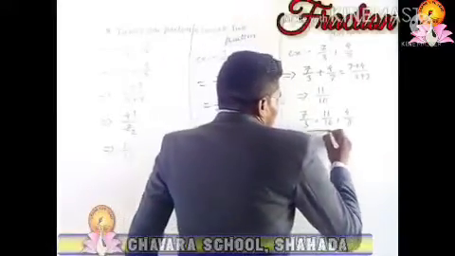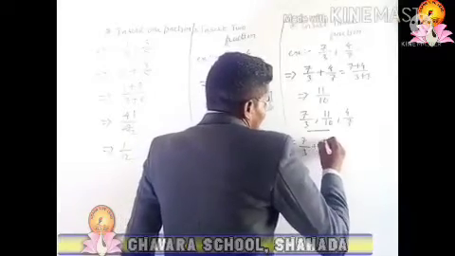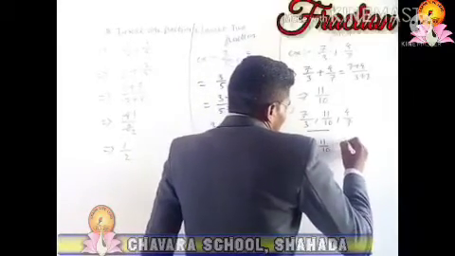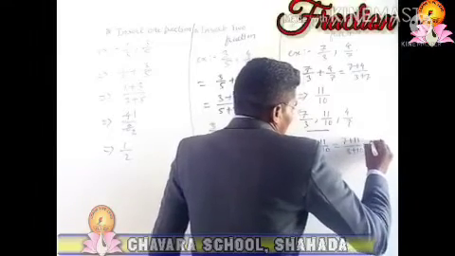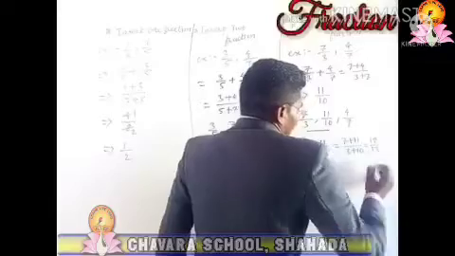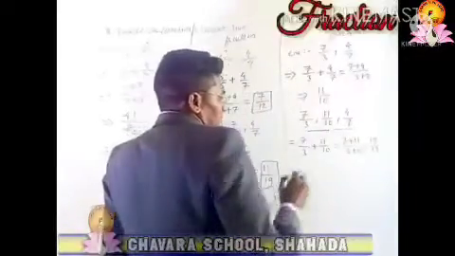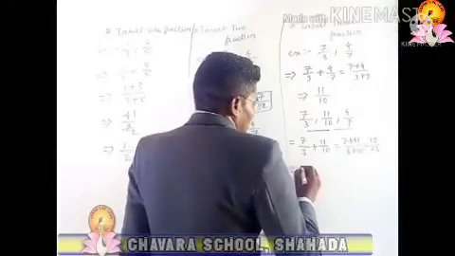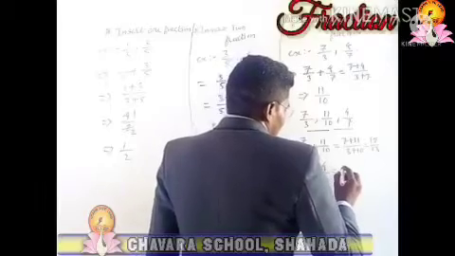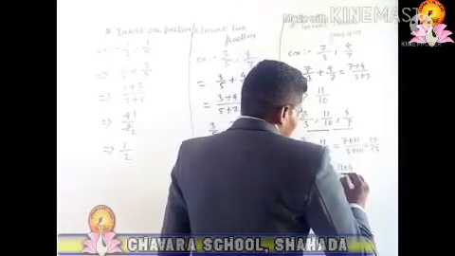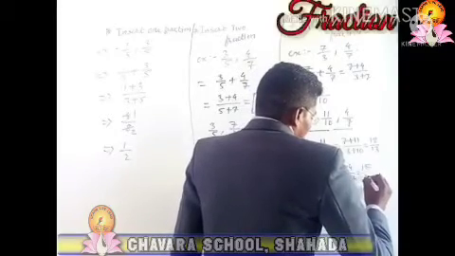Now first of all add these two fractions, 7 by 3 plus 11 by 10, which is equal to 7 plus 11 upon 3 plus 10, and it is equal to 18 by 13. After that add these two fractions, the middle and the last one: 11 by 10 plus 4 by 7 is equal to 11 plus 4 upon 10 plus 7, which is 15 by 17.